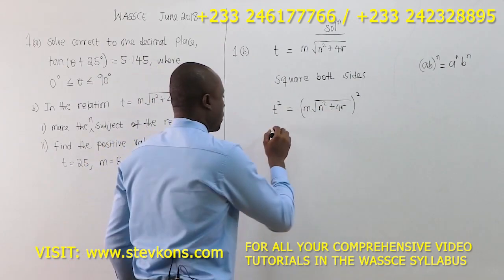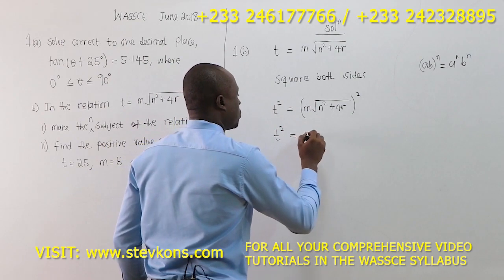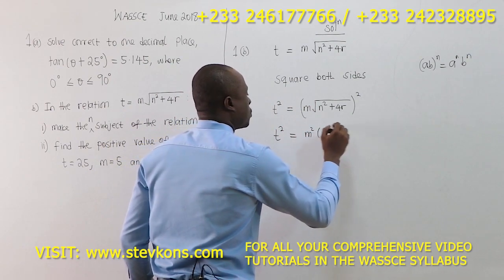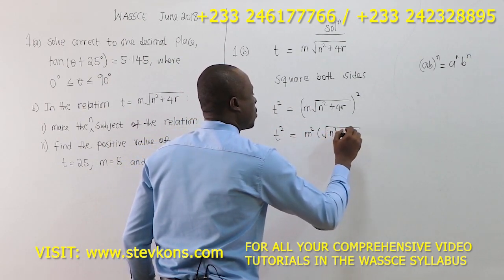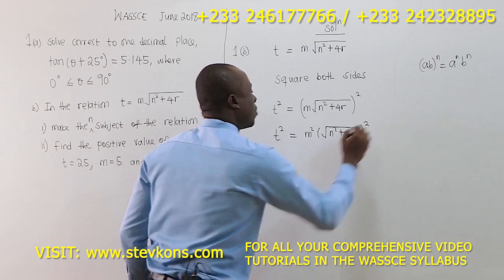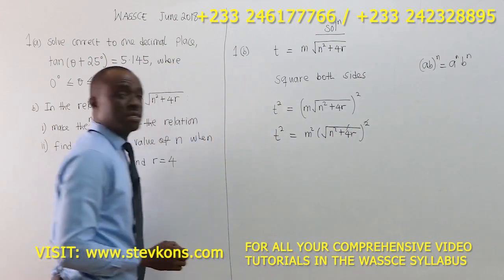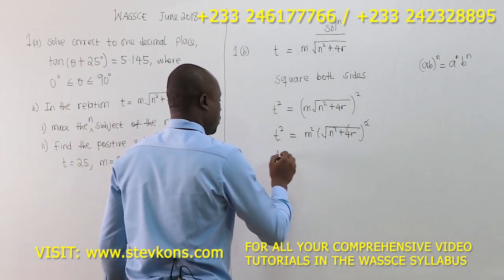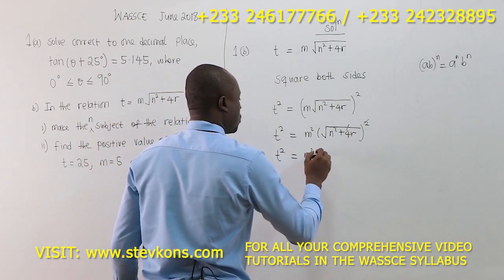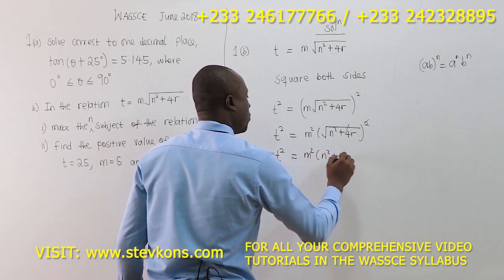So t squared equals m squared times the square root of n squared plus 4r all to the power 2. Clearly this is cancelling out that. So we have t squared equal to m squared times n squared plus 4r.